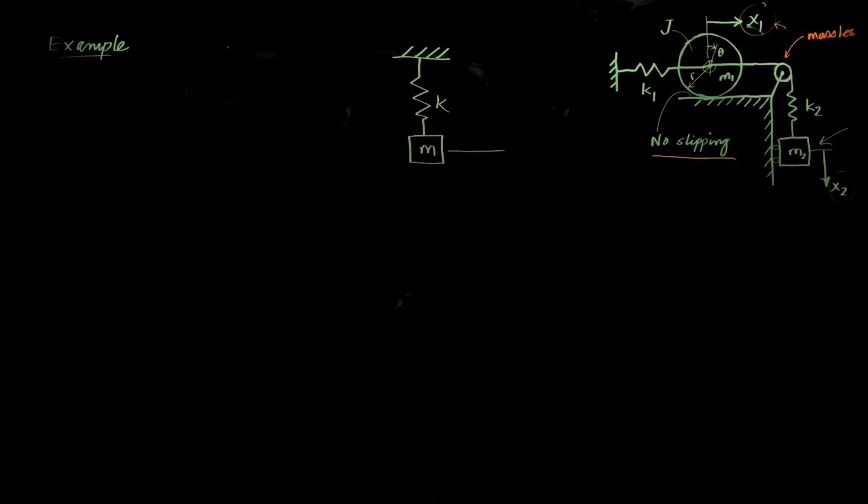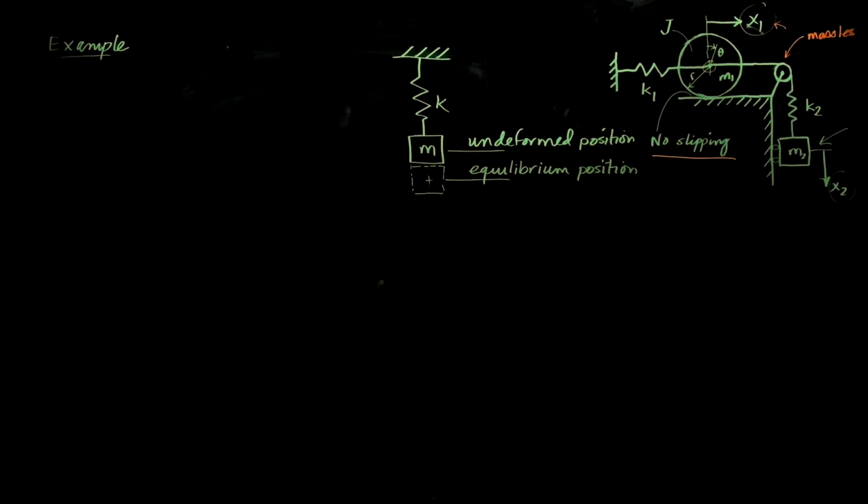And this is the undeformed position, and when the mass is slowly released, it will move and stay at what we call the equilibrium position. And it will remain at this position.